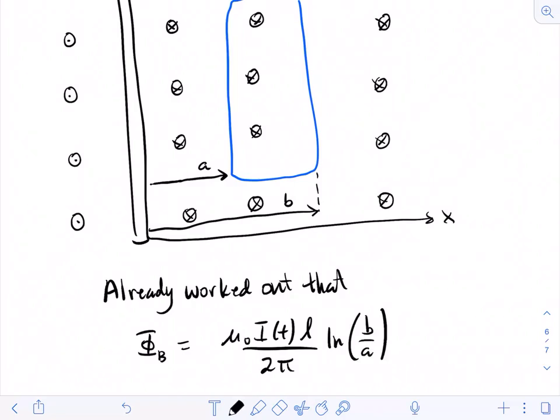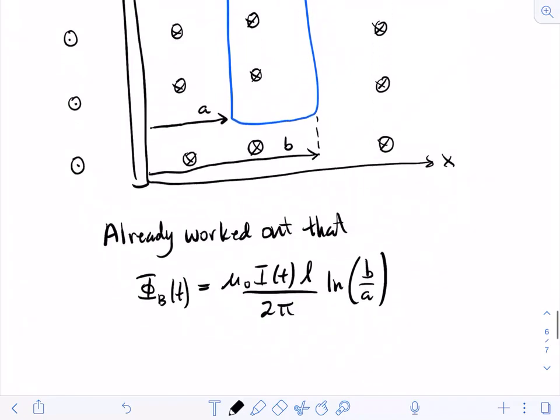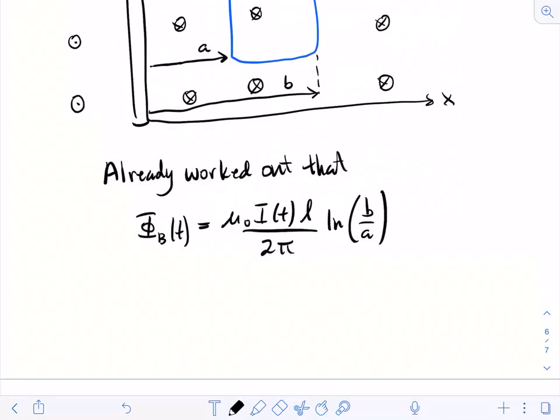That's what we calculated earlier in the video. So if our current is a function of time, then the flux changes with time. To go further, we have to make some assumption about the time dependence of the current.